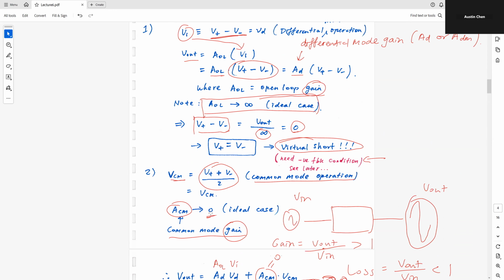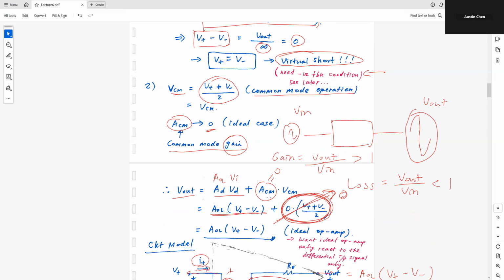The reason we want this is so that V out only depends on the differential mode, because an ideal op-amp is supposed to react only to the differential signal. So by setting ACM to 0 in this ideal case, this term is gone. V out is only equal to this, and it's only responsive to the differential mode operation. And that's exactly what we want.